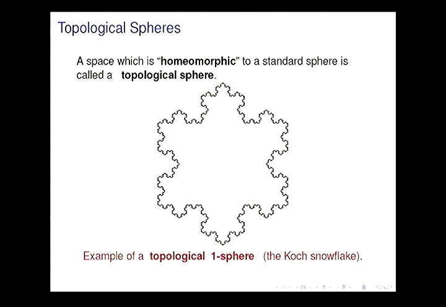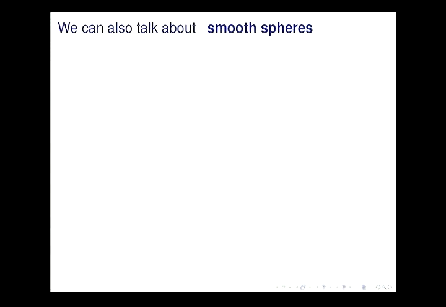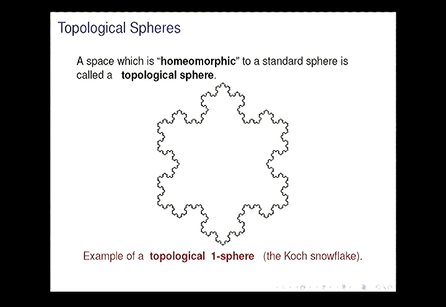It means that one can choose a one-to-one correspondence between points of the standard circle and this, so that as you go once around the circle, you follow a very wiggly path around this. So this is another kind of thing I want to look at.